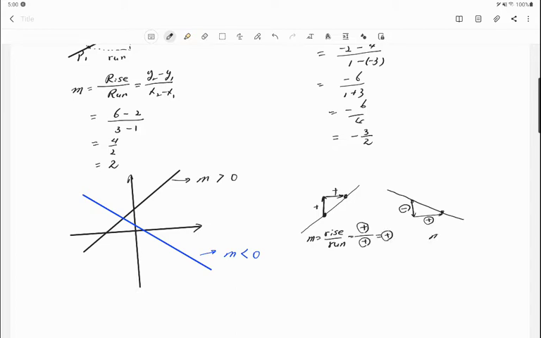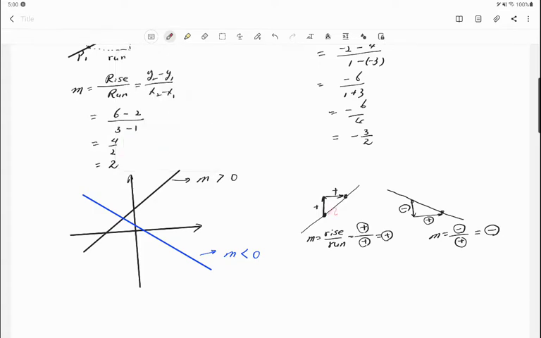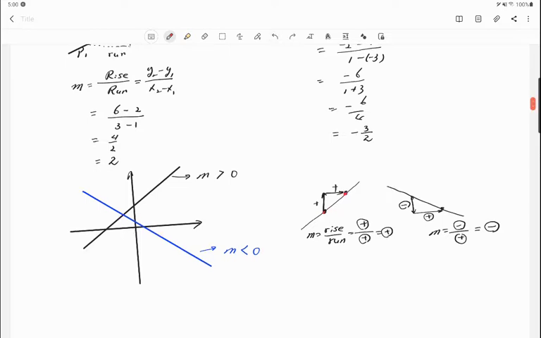Now for this one, if you go down, then rise is negative, and going right is positive, so the slope will be negative. Or you can go this way. Let's go from the second point to the first point.